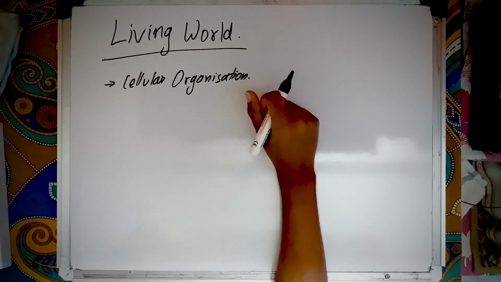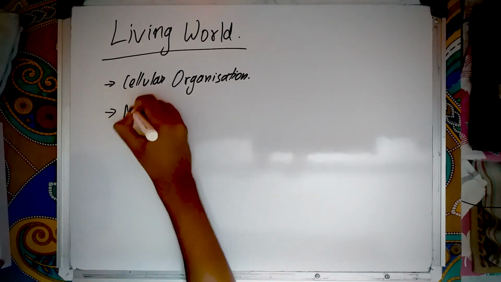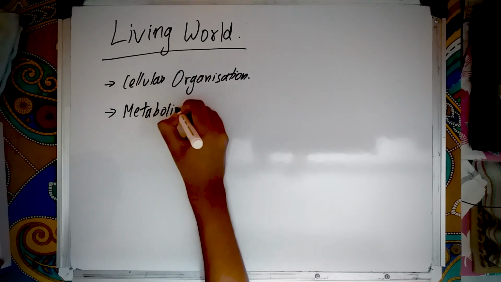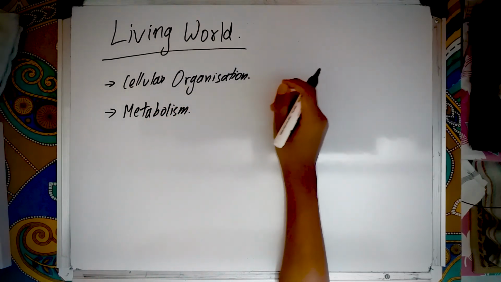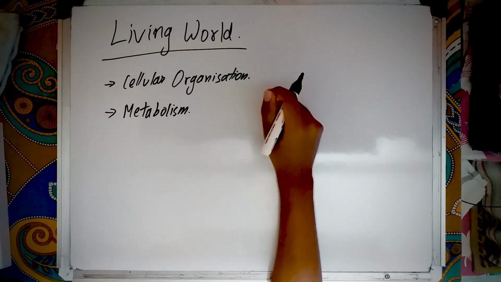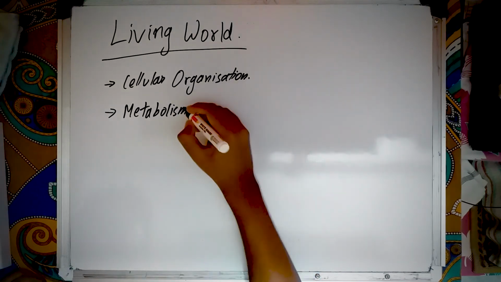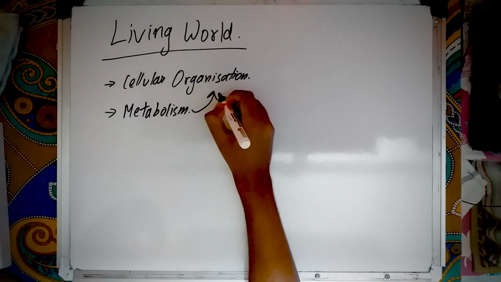And then the next defining feature becomes metabolism. So what is metabolism? Metabolism is defined as the sum total of all the chemical reactions, more precisely the living chemical reactions inside the body. So metabolism is directly linked to the cellular organization.